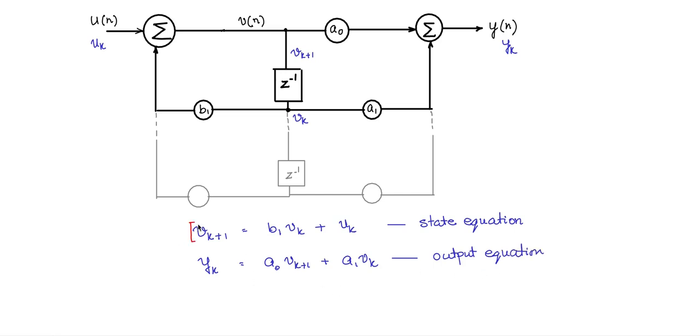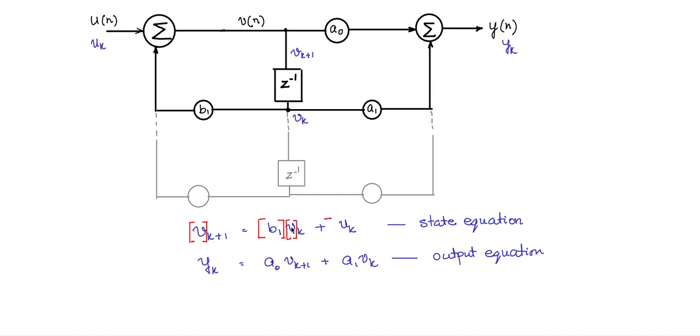Now see that I can generalize by making this a matrix. Let us say this is a matrix of state variables at instant k plus 1. This is a matrix of the scalar values.